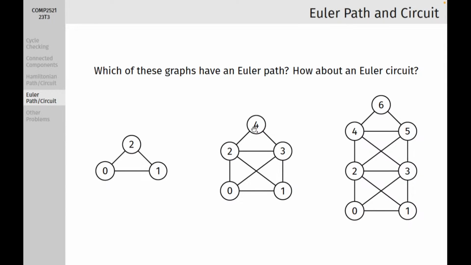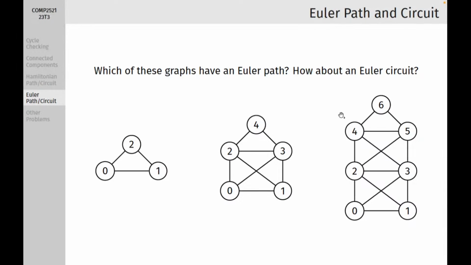So we have 2 vertices with odd degree, and because of that, we have an Euler path, but we don't have an Euler circuit. You can try and draw this shape without lifting a pen, and that basically tells you whether there's an Euler path or not.